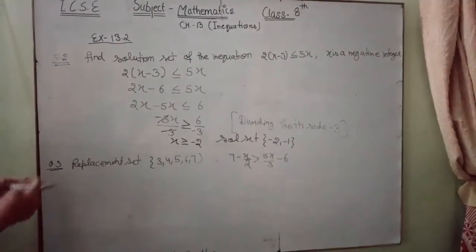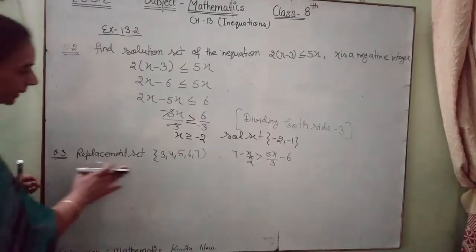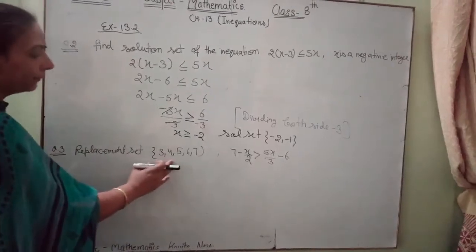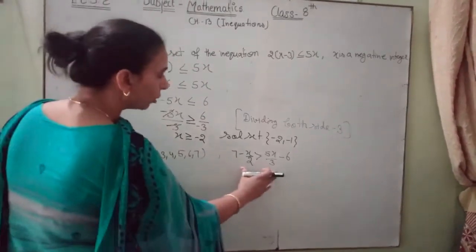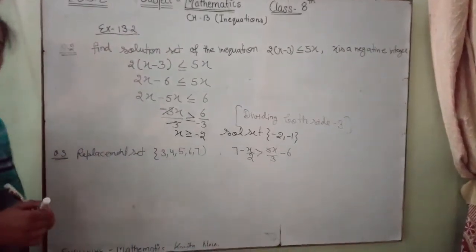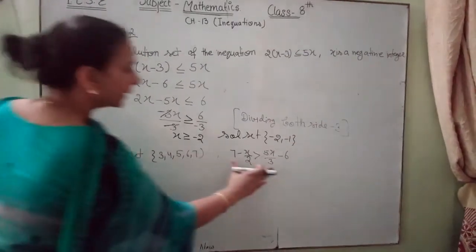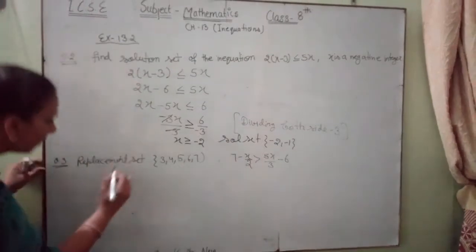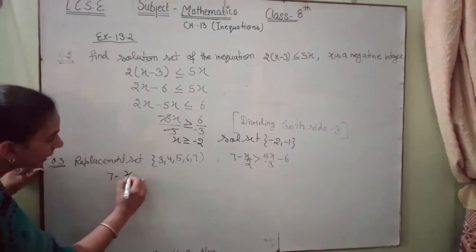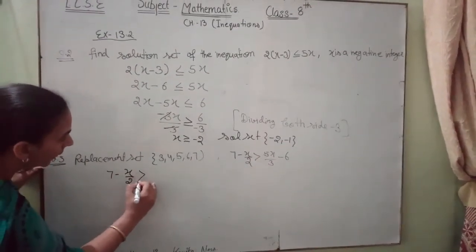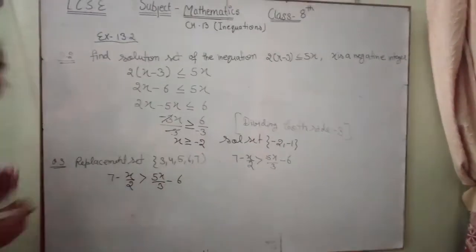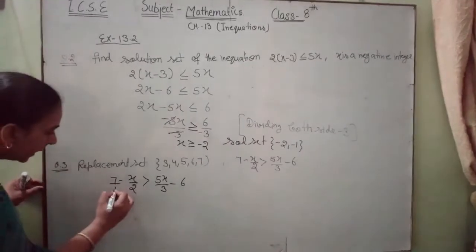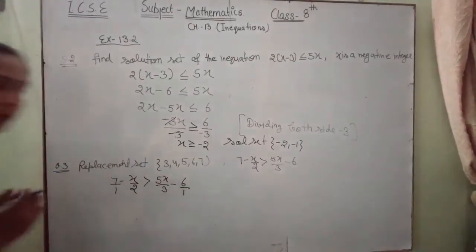Okay, next question number 3. The replacement set has the elements 3, 4, 5, 6, 7, and we have an inequation of this form, and we find out the solution set. First we make this in simple form: 7 minus x by 2 greater than 5x by 3 minus 6. Student, first we take LCM on both sides.